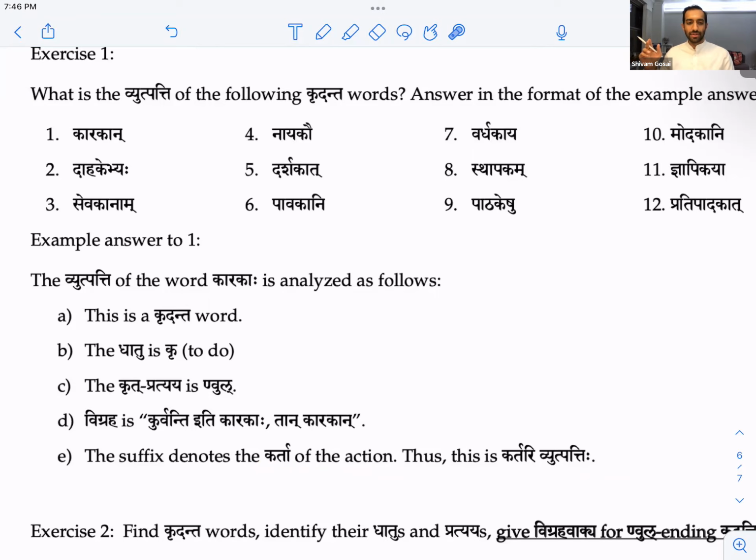Okay, let's do number 2. Dahakebhyaha. This is a Kṛdanta word. The dhatu is dah, to burn. The krit pratyaya is nvul. Now let's stop there. What case do you think dahakebhyaha is? What do we say? Ebhyaha? It may be 4-3 or 5-3.